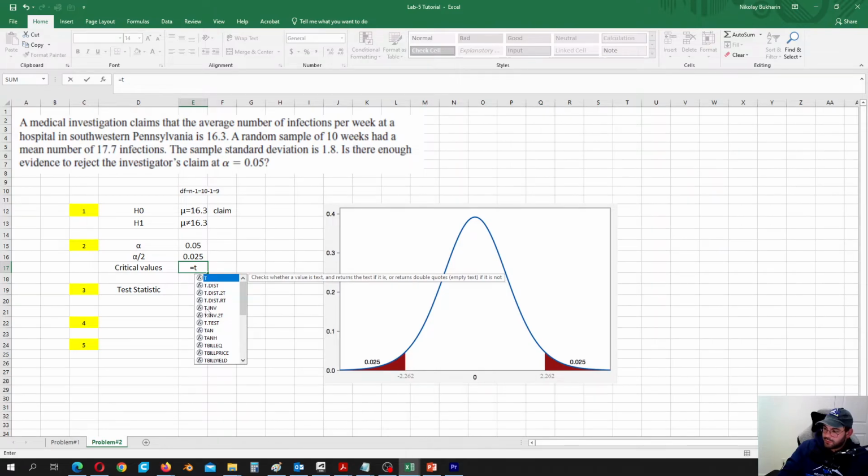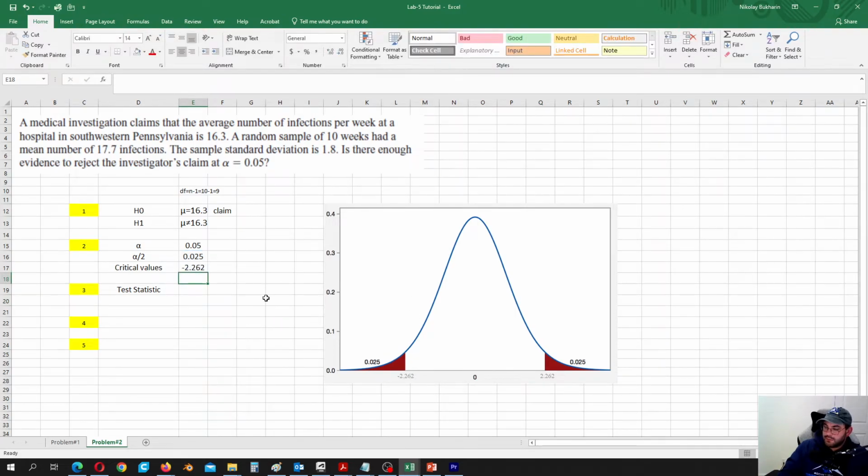We can put t inverted and put 0.025, and then state degrees of freedom, 9. You see that's a negative value. For the positive value, we can take this with the minus sign. This is going to be our positive value, which cuts the right tail.